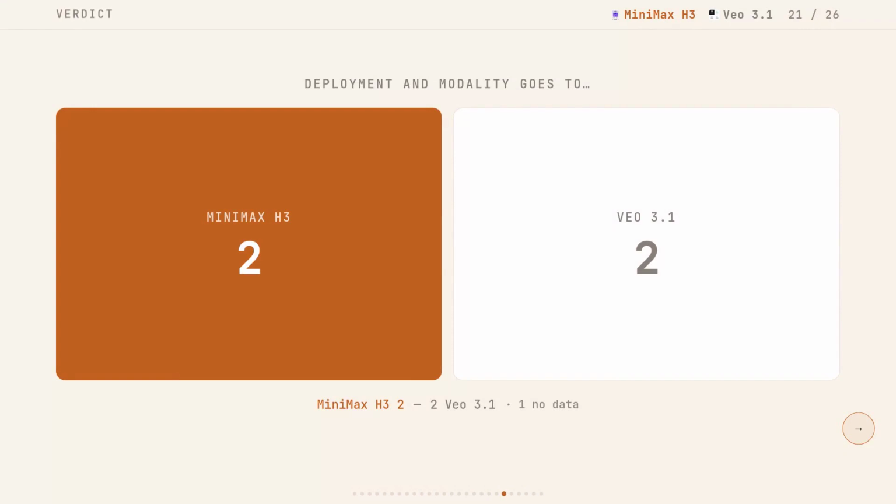MiniMax H3 takes deployment and modality because open weights plus native audio plus omni-modal inputs is a flexibility combination Veo 3.1 can't match right now, and that brings us all even. MiniMax H3 2, Veo 3.1 2, one set aside.